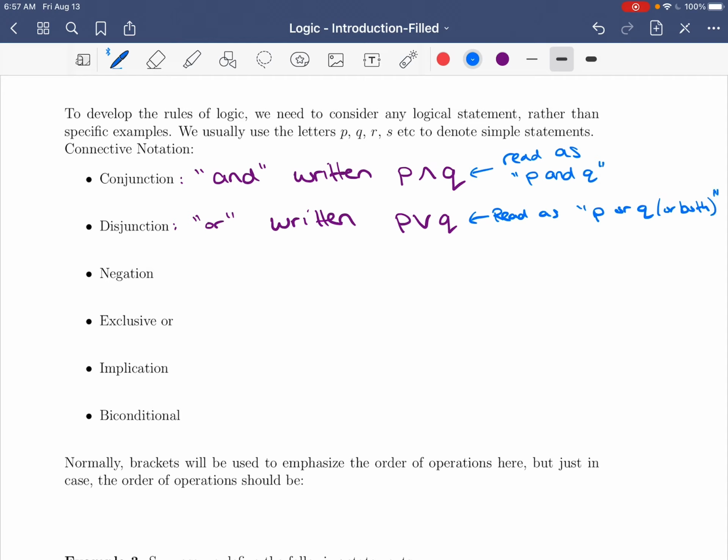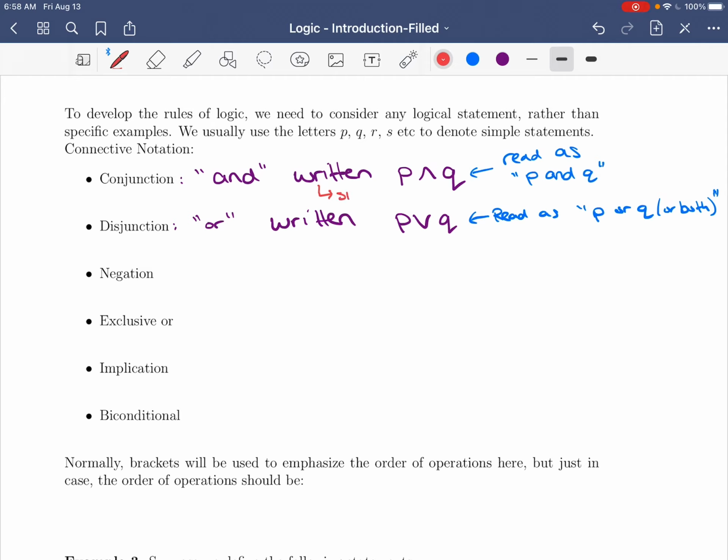Okay, so it's not an exclusive or. We're going to see that down here. So this allows for both of them to happen. You need at least one of them to happen. So this might sound familiar to you from the first chapter we did.